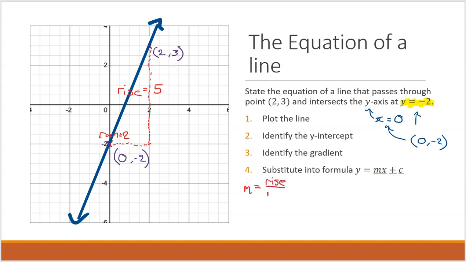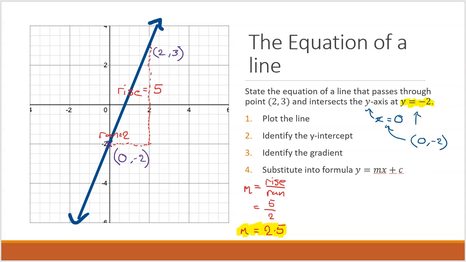So therefore our gradient is going to be rise over run, which is 5 over 2. And notice that this will get down to a decimal: 5 divided by 2 is 2.5. So our gradient is going to be m equals 2.5.